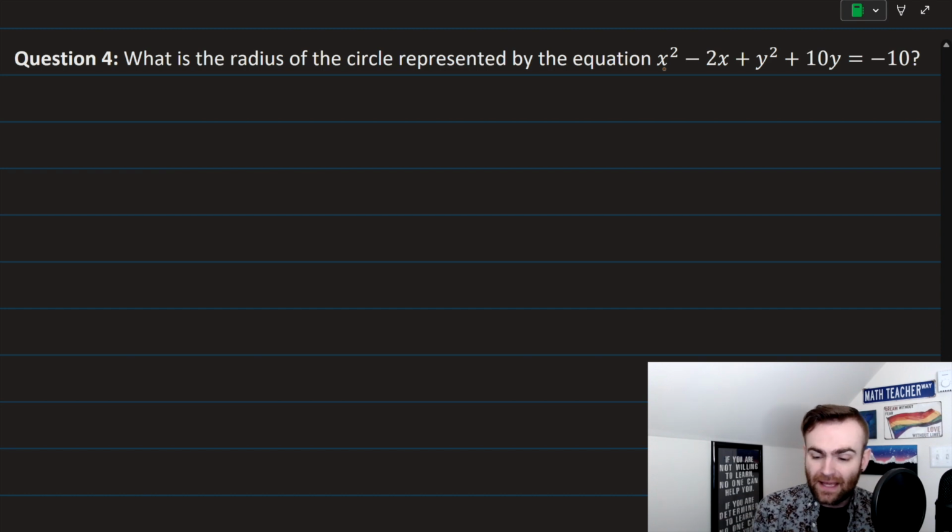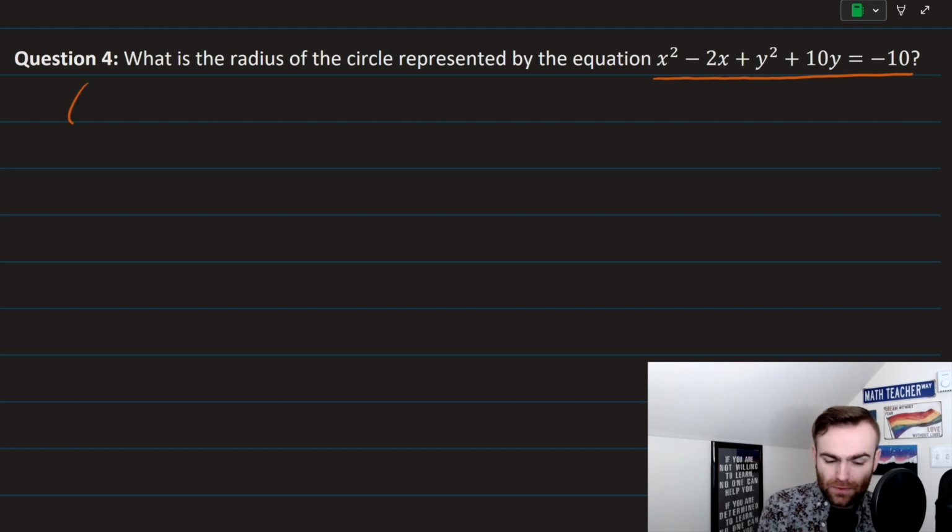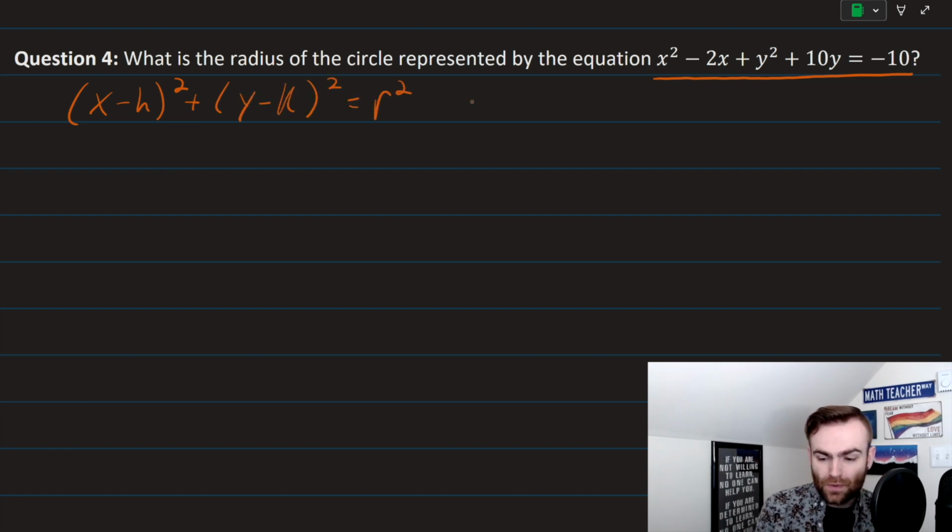We have an equation for a circle that is not written the exact same way. Remember that we are used to these as x minus h squared plus y minus k squared is equal to r squared. This has that distributed out. So how does that look?